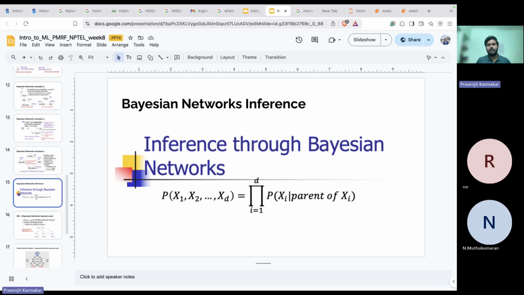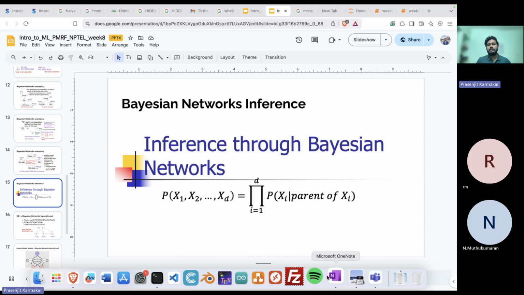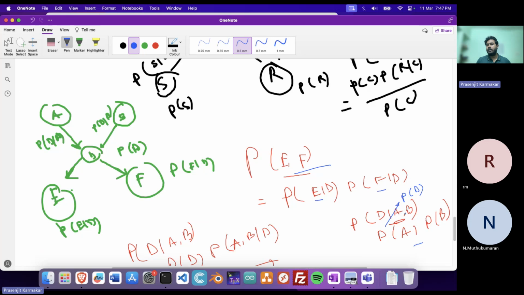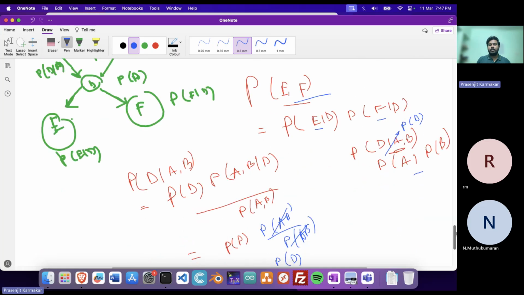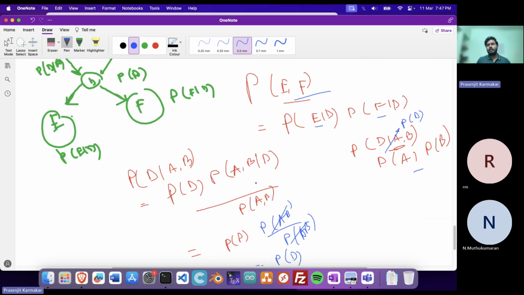So firstly, I write, okay, now this would be my parent for D, A and B, and then their parents, right? And A and B don't have any parents, so that's fine, right? Now what I prove here, in this type of scenario, if A and B are independent, then it will become P of D.